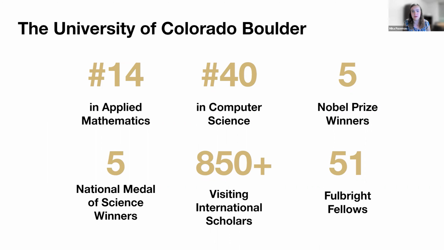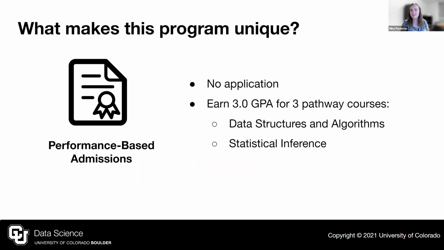So I'm going to spend a little bit of time talking about what makes the MS-DS program on Coursera here at CU Boulder unique. And there's a lot of different ways. So first, there's no application. A traditional on-campus graduate program requires a rigorous application process. But what if I were to tell you that our program doesn't have any of that?